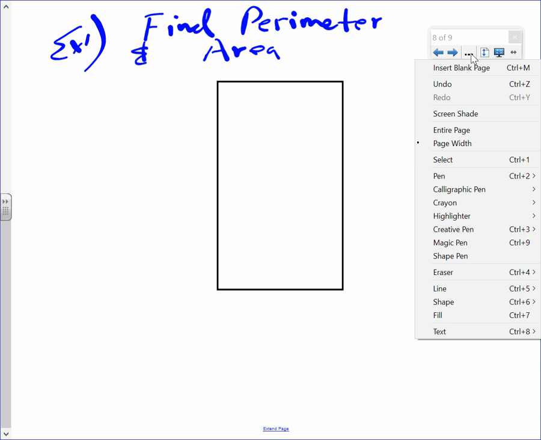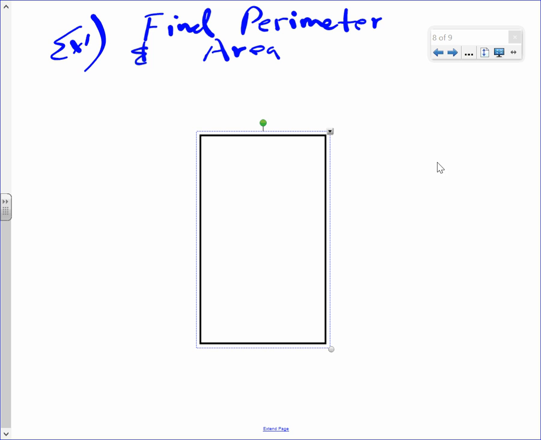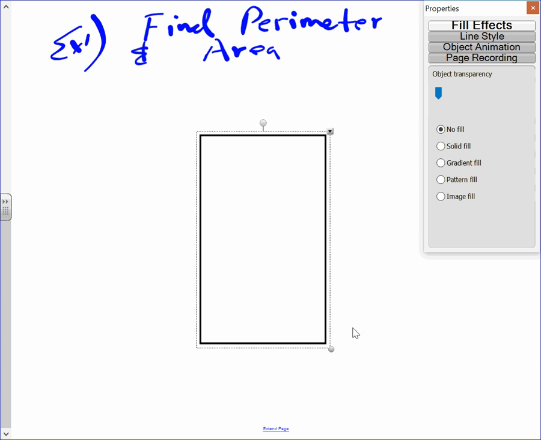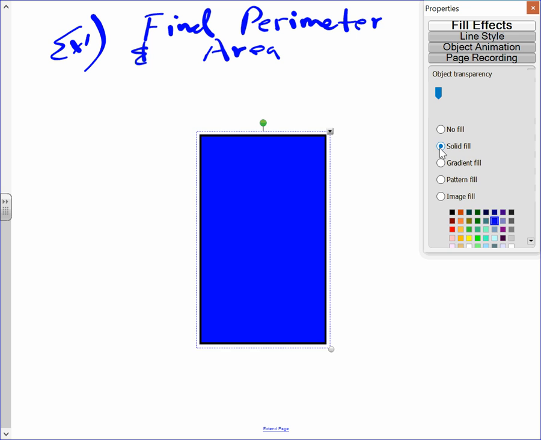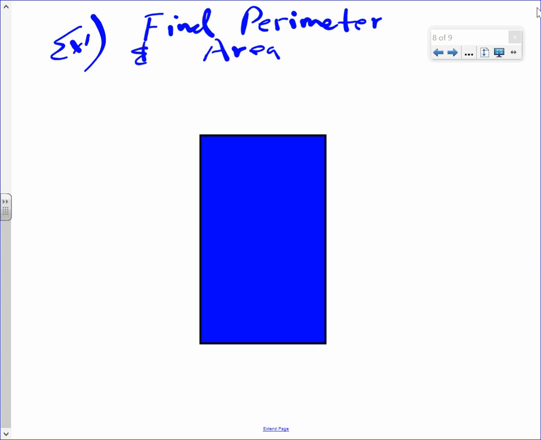Let's draw a rectangle there and fill it in with Dodger blue. I've got a Dodger blue rectangle. Okay, a little rectangle, example 1. The mission is to find the perimeter and area.